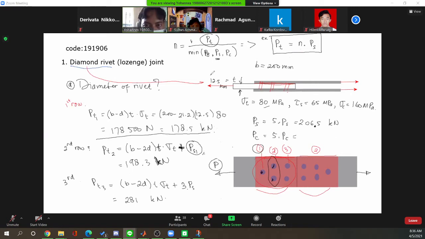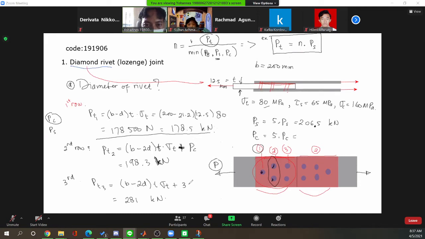Sorry, for this calculation, we have to put the minimum between the crushing and shearing. Which one is the minimum? Based on the calculation, the crushing resistance is the minimum. So here we have to put the crushing resistance, not the shearing resistance.